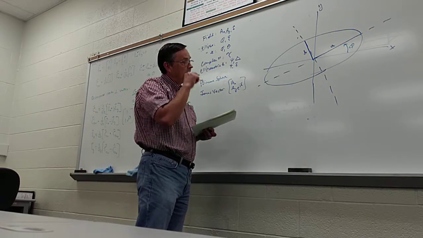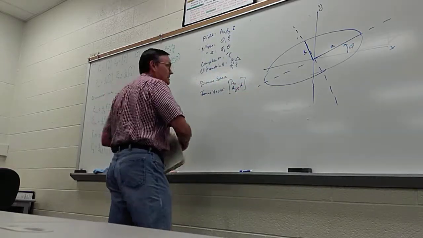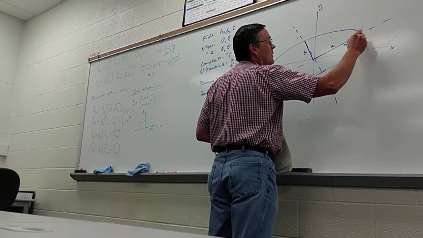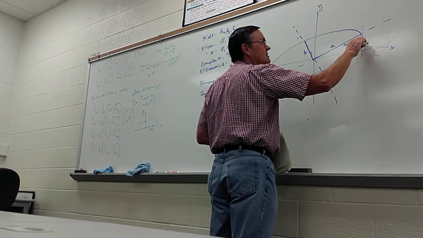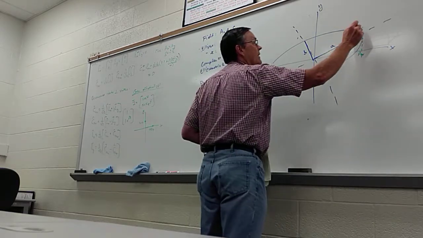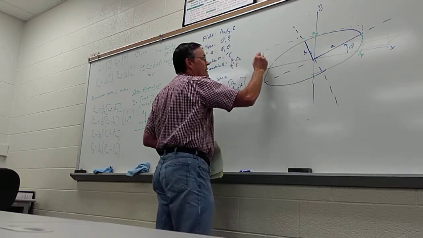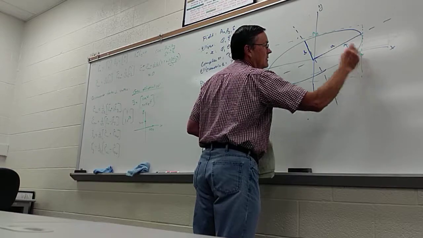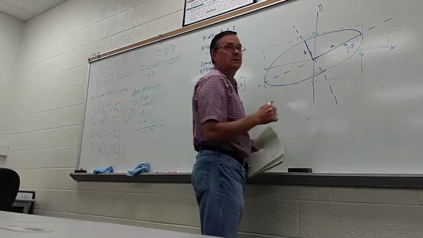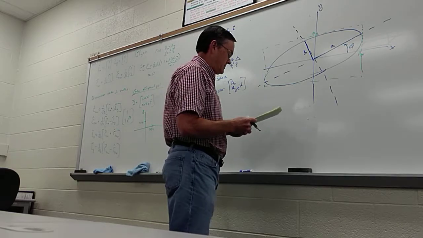Then we can do several things here. One, maybe I should do these in different colors. Over here, the greatest extent of this ellipse happens at AX, right? And the greatest extent of the ellipse over here happens at AY. So I could draw a box like this, which is 2AX and 2AY in size, that would fully enclose that ellipse.